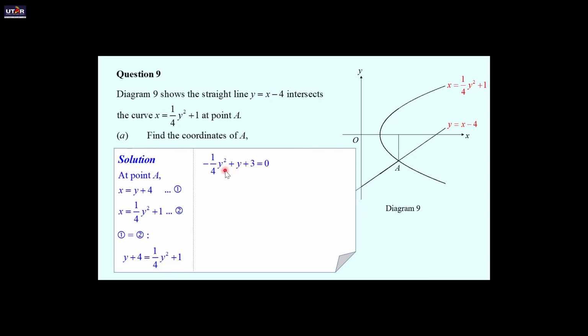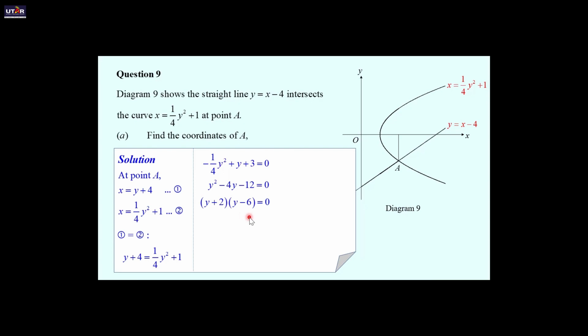Since this is a quadratic equation, I will write it in the general form. By multiplying negative 4 on each of the terms, you will obtain y squared minus 4y minus 12 equal to 0. By factorization, you will have (y plus 2)(y minus 6) equal to 0.